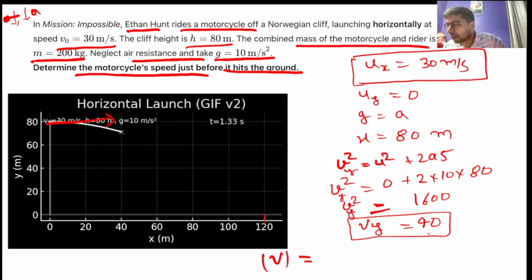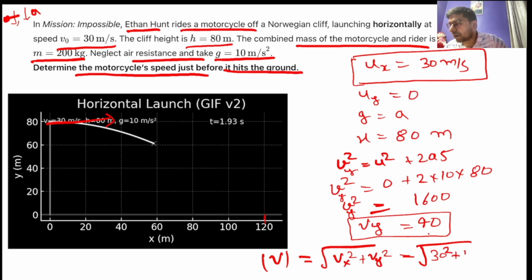Magnitude of v is under root vx square plus vy square, that is under root 30 square plus 40 square, and when we solve we get 50 meter per second. So when this bike hits the ground, its speed will be 50 meter per second, right?